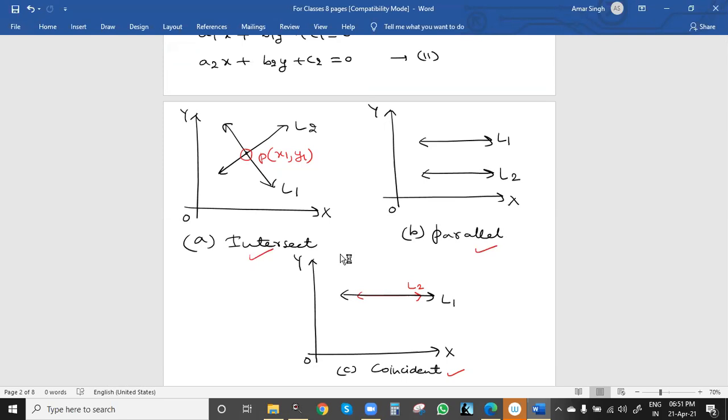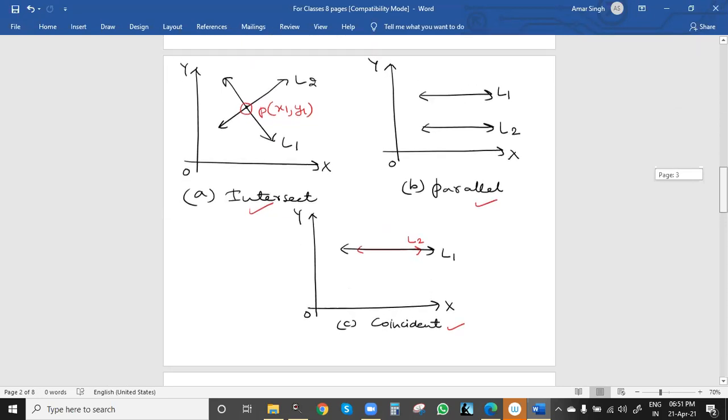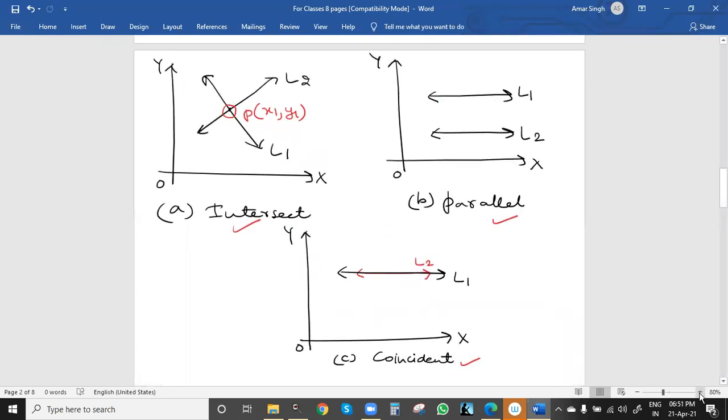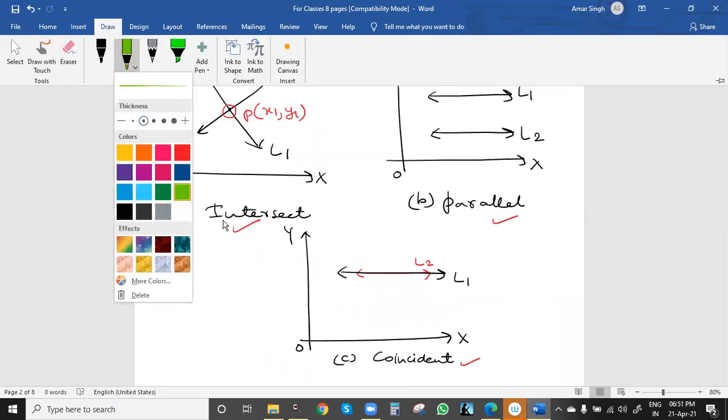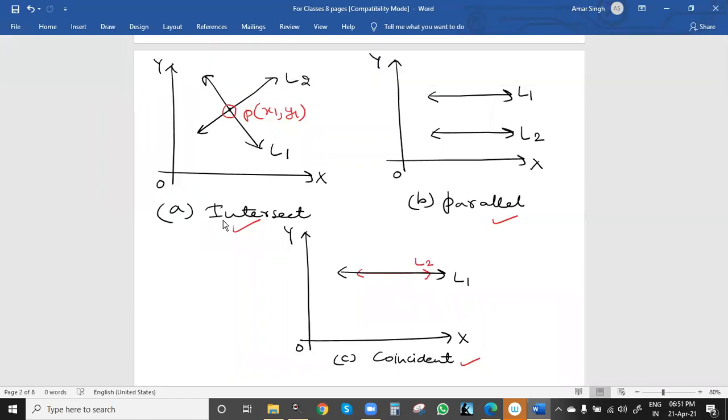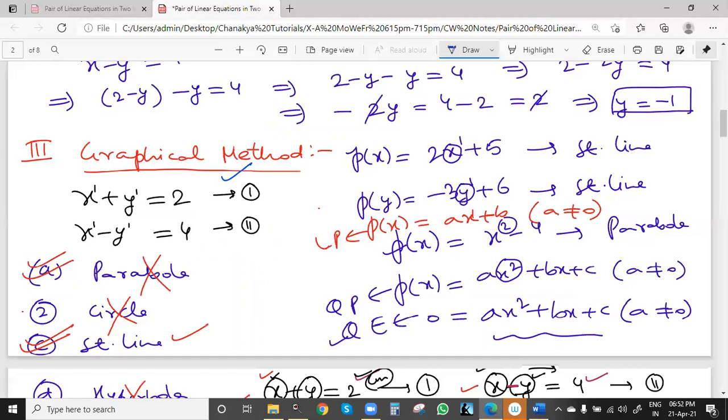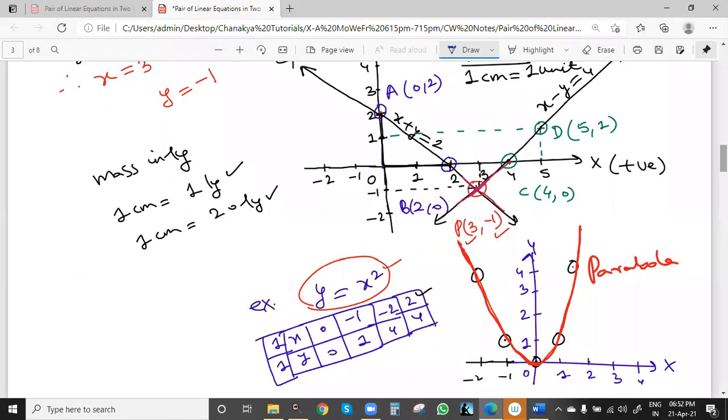So what type of solution do we get from the solution point of view? In the first case, intersect, this is the solution point P, whose coordinates we can find from the graph paper. We saw the same case in the last question of the graphical method: intersecting point P was the solution point, that was (3, -1).